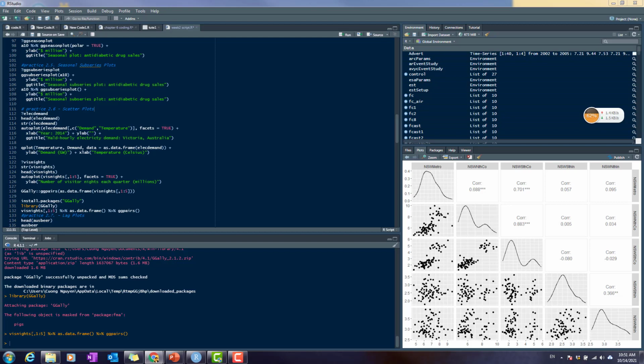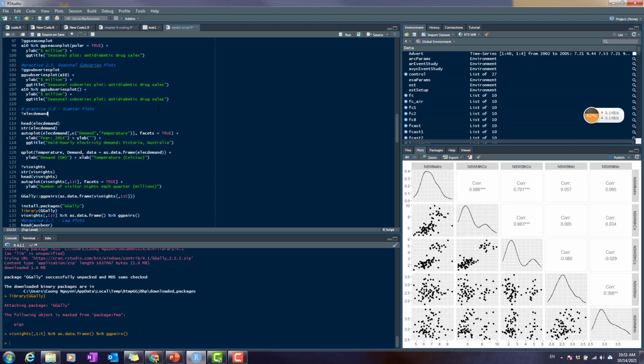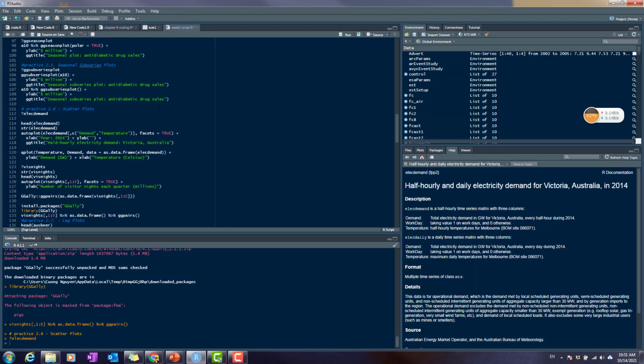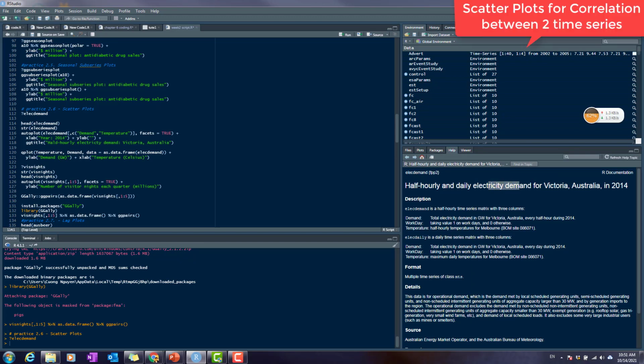And over here I want you guys to explore the electric demand data set. You click on it and you can see this is the half-hourly and daily electric demand of Victoria, Australia in 2014.